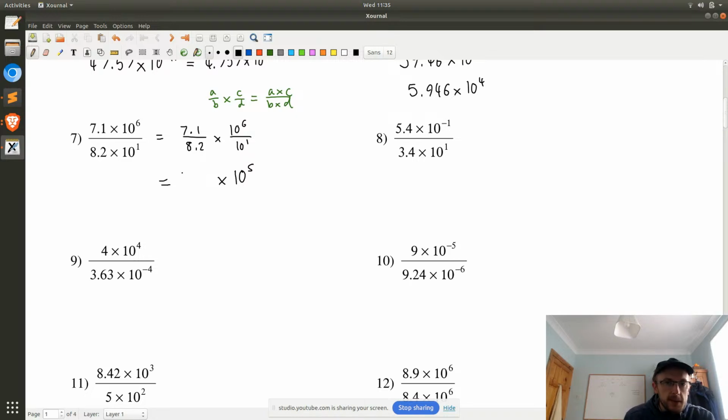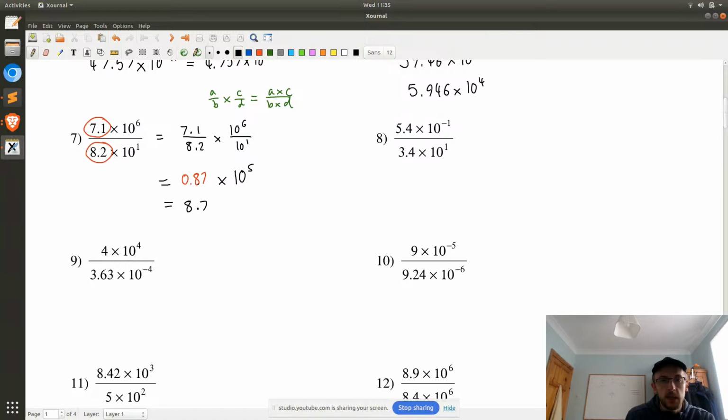Okay, so it's 0. Should I be? Well, let's think. I have two significant figures there and there. So my reply should be that accurate as well. So I say 0.87, but then I must make it scientific notation.